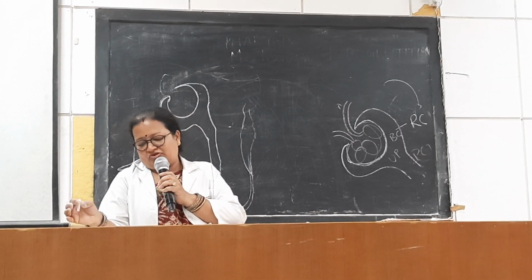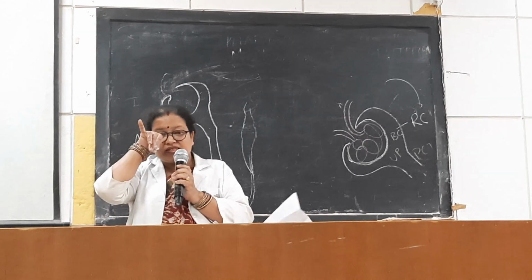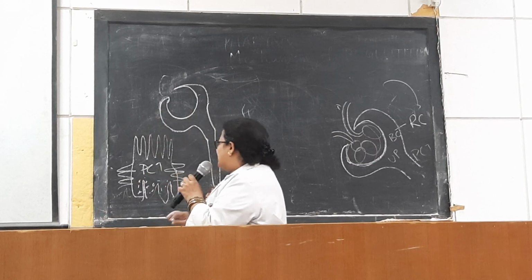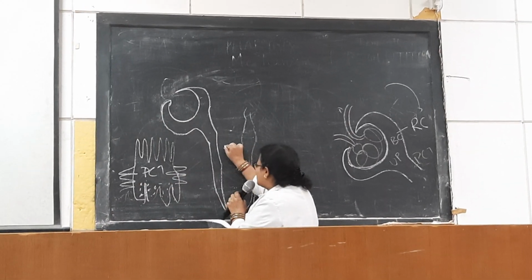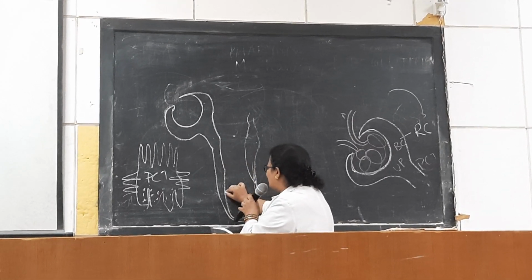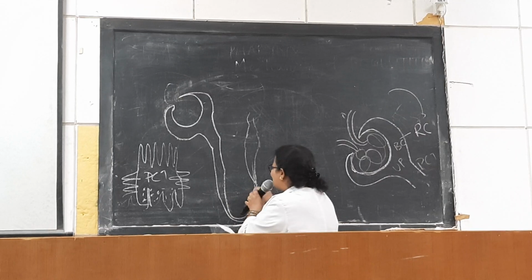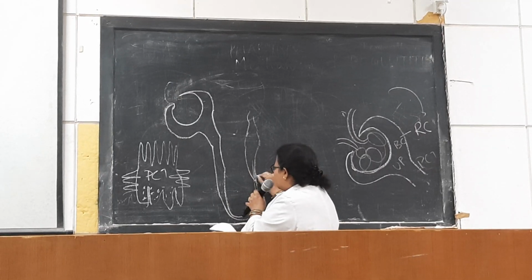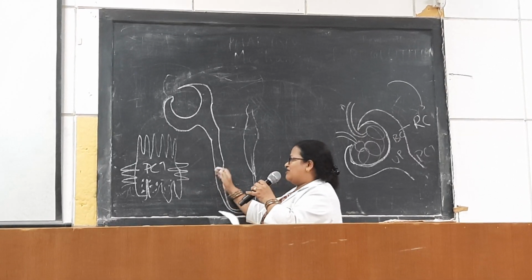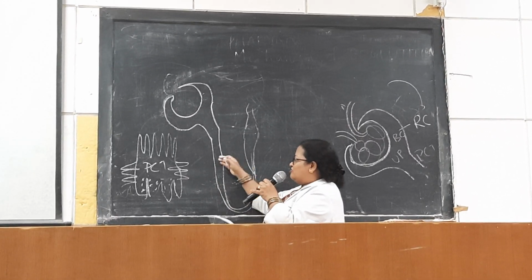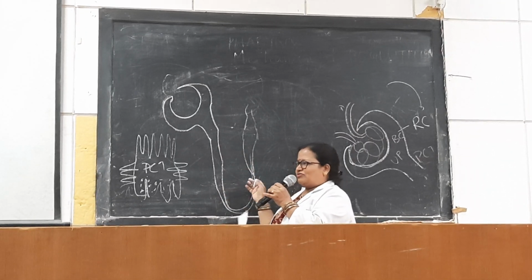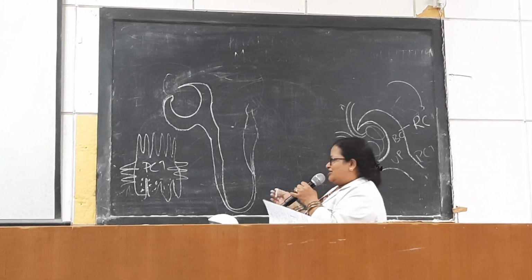In the Henle's loop, what happens? There is a counter current multiplier system. The descending loop is not permeable to water, it is only permeable to sodium, but the ascending loop is permeable to water, and so they will absorb sodium and drive out potassium with the help of the sodium potassium pump and ATPase, of course.